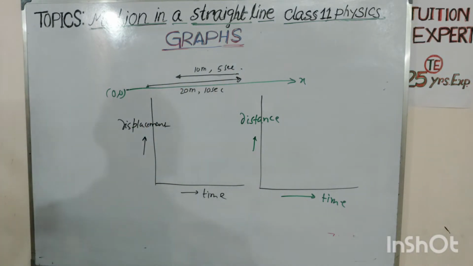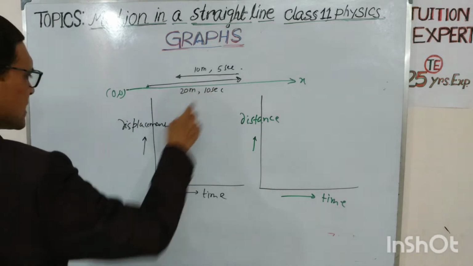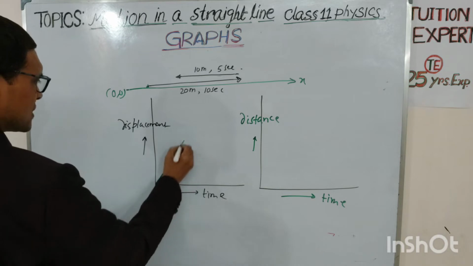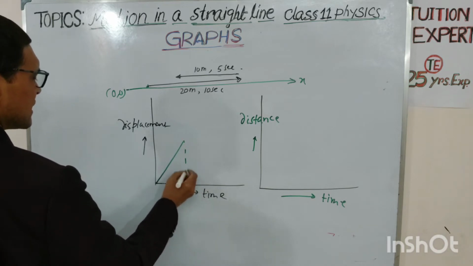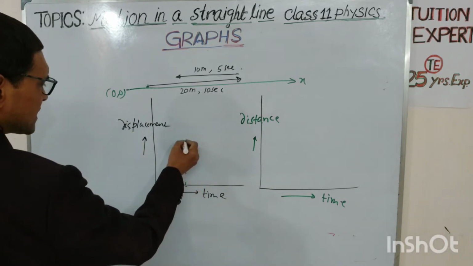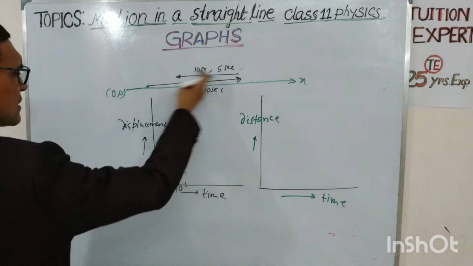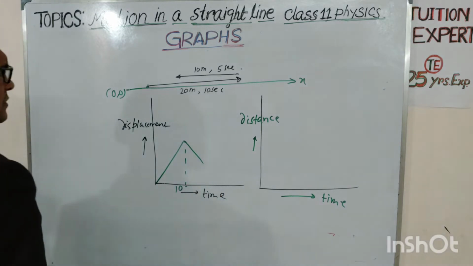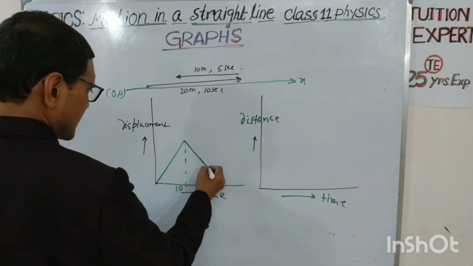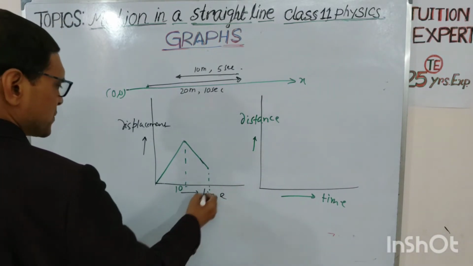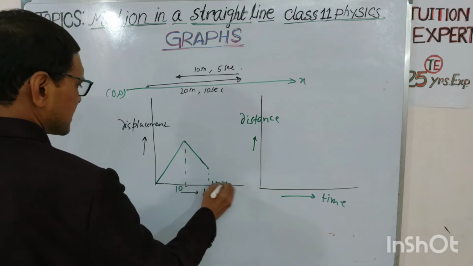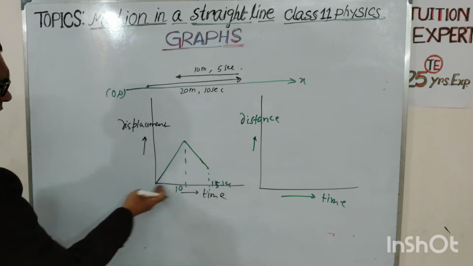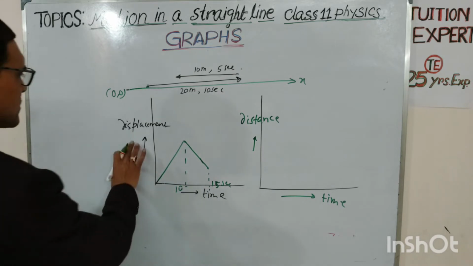So displacement up to 10 seconds increases. Suppose this is 10, and in 5 seconds the displacement again decreases. So this is a total of 15 seconds, 10 plus 5, and displacement gradually decreases. So this is the displacement time graph.